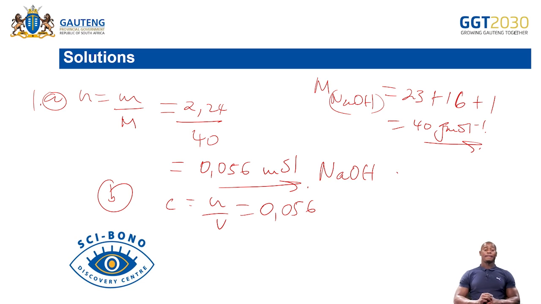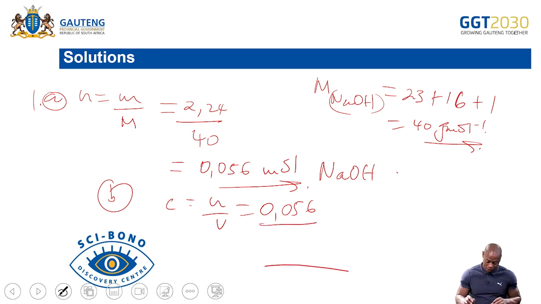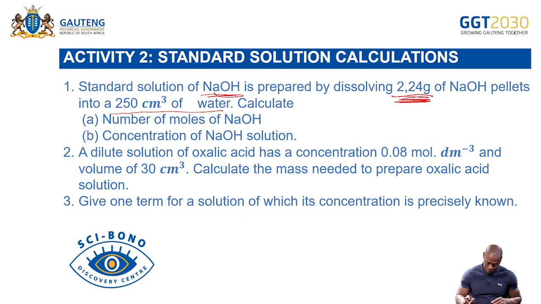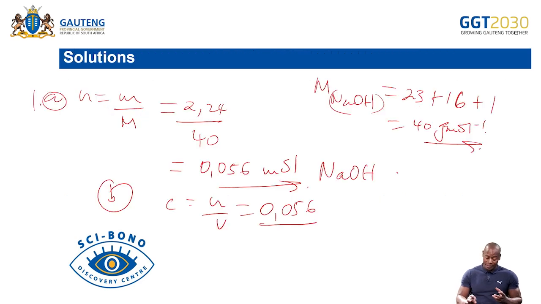The number of moles is 0.056. And the volume that was used is 250 cubic centimeters. In this equation we don't want volume in cubic centimeters. With C1 V1 equals C2 V2 it doesn't matter because those units cancel out, but in this one we don't have a choice.